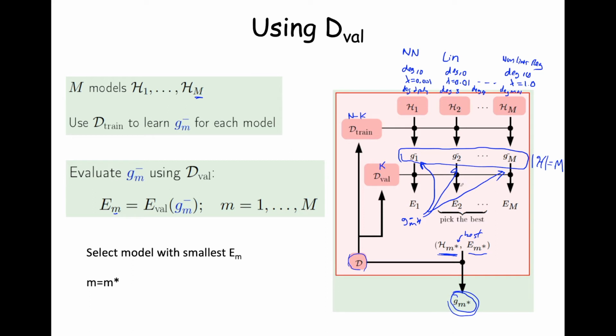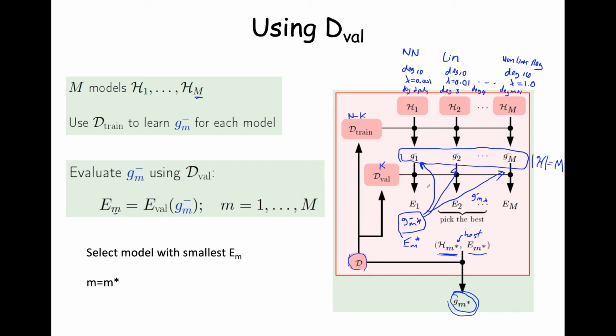One of these is going to be your g_m star minus, the selection associated with the smallest E_val, so that's E_1, E_2, and so forth. So g_m star minus is associated with E_m star, the validation error of g_m star minus. I'm saying g_m star minus because that's the g minus associated with the smallest validation error.